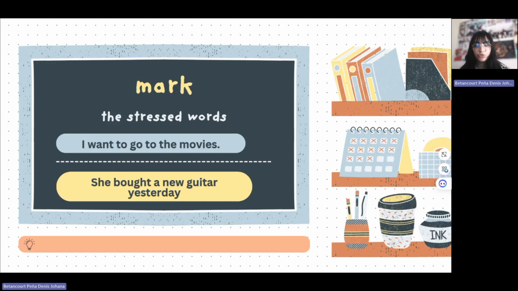So what you are going to do is mark the words that are stressed, okay? In the first one, that is I want to go to the movies, and of course in the second one, that is she bought a new guitar yesterday. So you have to mark those stressed words that you can notice in each sentence, okay? I'm going to give you some minutes to do it.